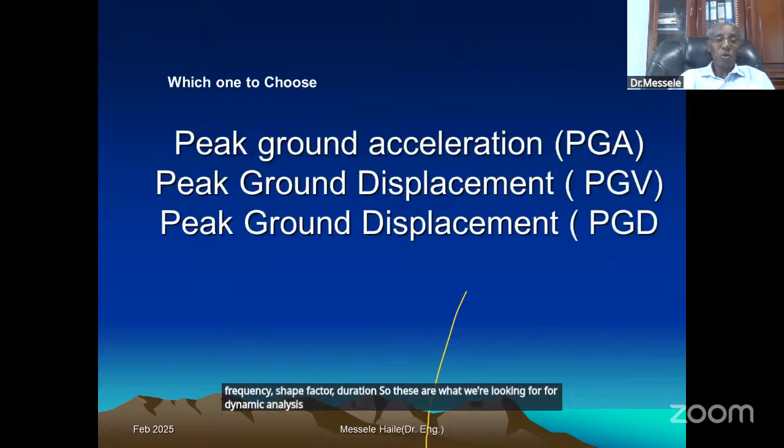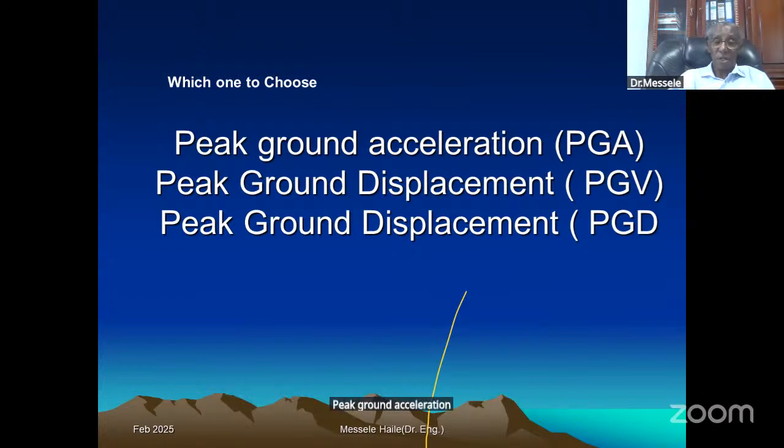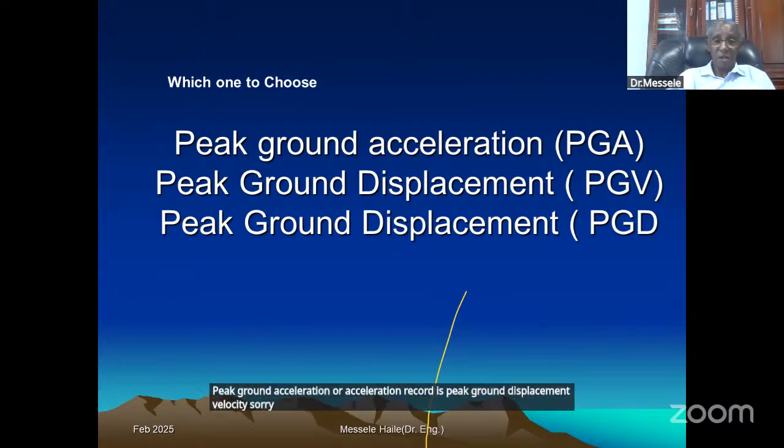Actually, when we talk about peak ground acceleration, or acceleration records, peak ground displacement, velocity, sorry, I'll correct my PowerPoint, it is peak ground velocity, PGV, and the peak ground displacement, PGD. We like as engineers PGA, but PGA leads to force, but earthquake is not a force, it is an energy.